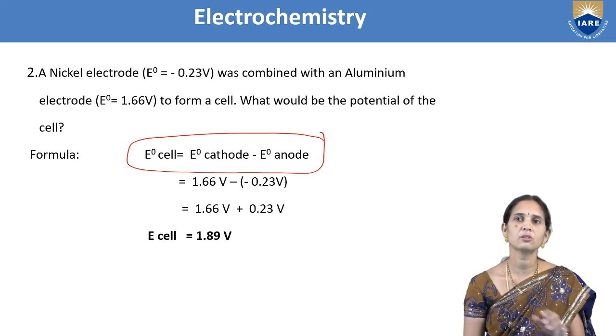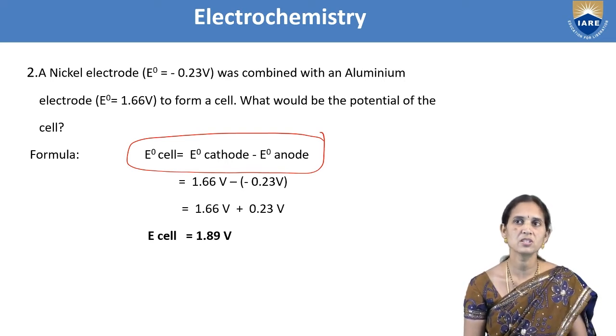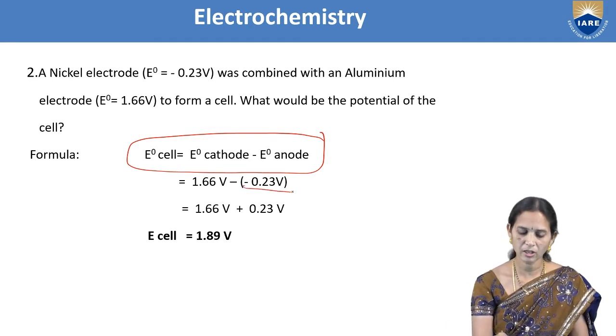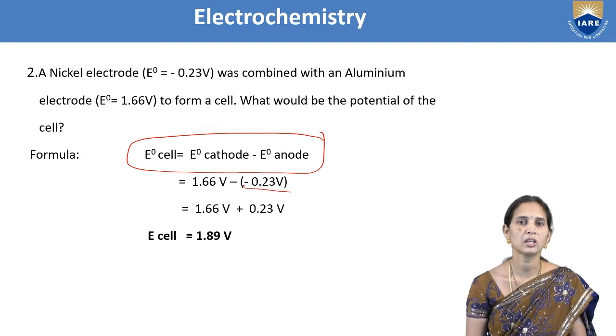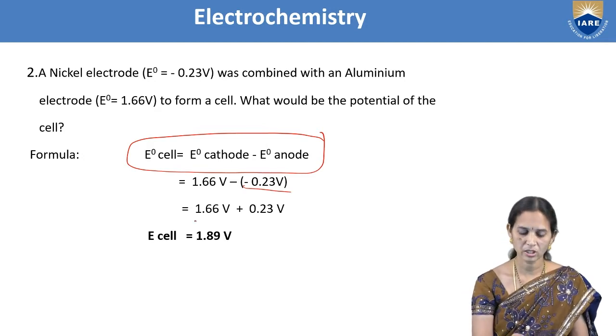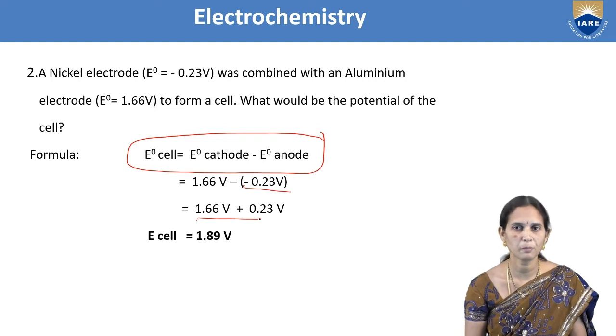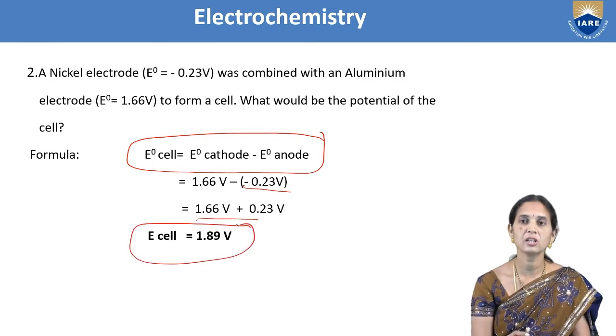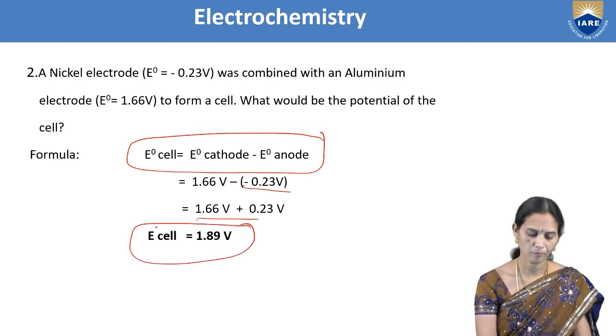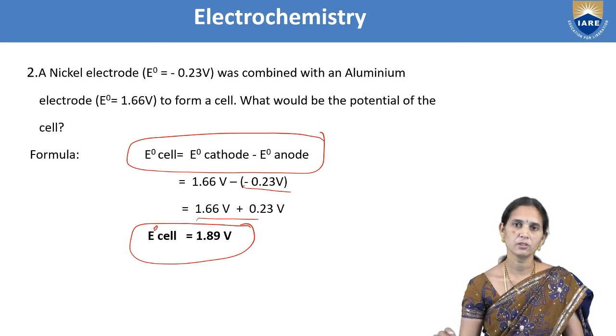So the E0 cathode value is 1.66, the aluminum electrode potential, minus the E0 anode value, minus 0.23 volt, the nickel electrode potential. So we write 1.66 volt plus 0.23 volt. The answer we got is 1.89 volt. So E0 cell is 1.89 volt for this problem.